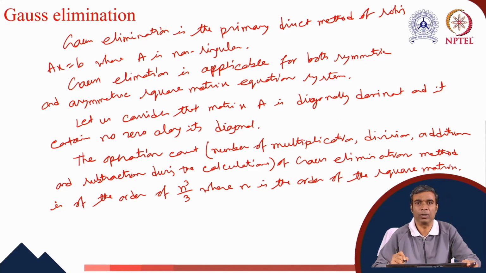The primary drawback of Gauss elimination method is that it suffers from round off error in case of large matrix systems.